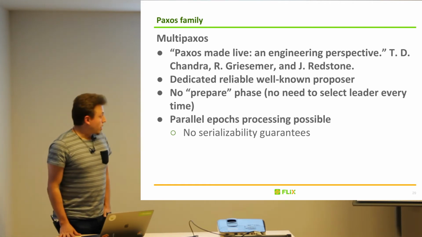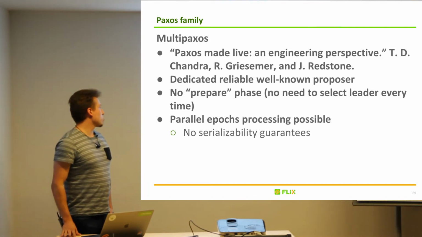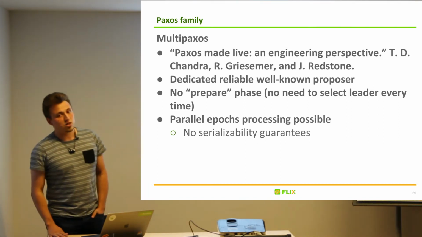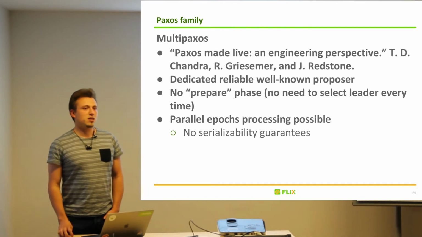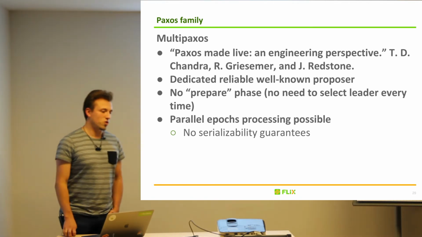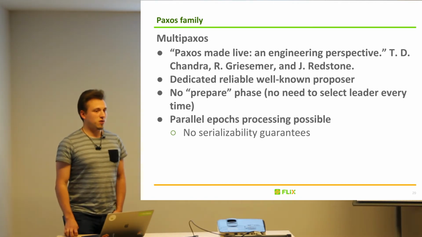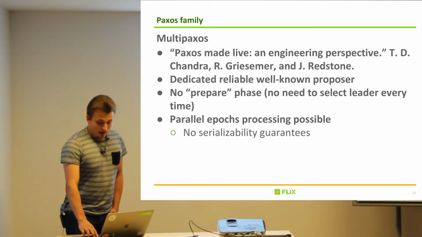And also parallel epochs are possible, so it defines how to do it, but then there are huge serializability issues. So you might get some stale old writes as really fresh data, and that's kind of a problem.